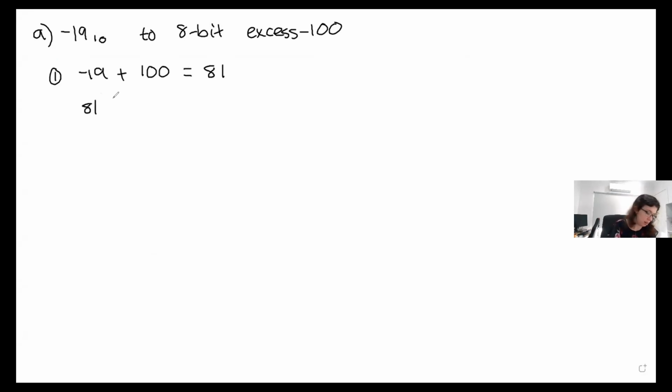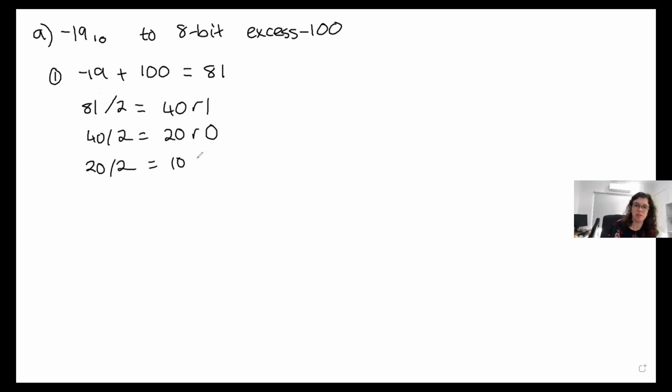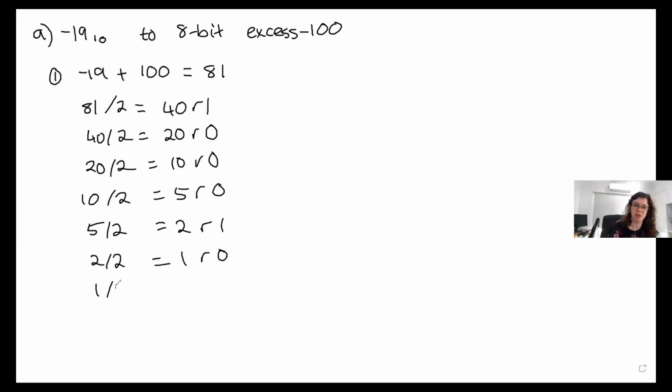So we go 81 divided by 2, which gives us 40 remainder 1. 40 divided by 2 gives us 20 remainder 0. 20 divided by 2 gives us 10 remainder 0. 10 divided by 2 gives us 5 remainder 0. 5 divided by 2 gives us 2 remainder 1. 2 divided by 2 gives us 1 remainder 0. And 1 divided by 2 gives us 0 remainder 1.